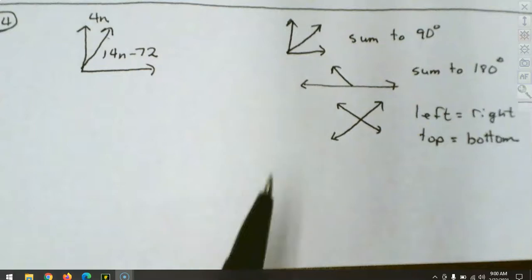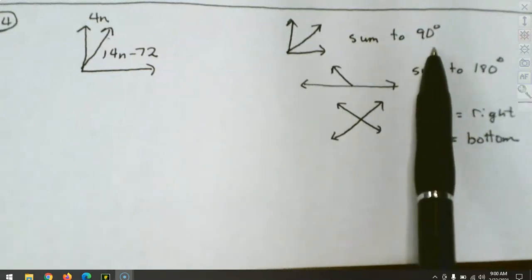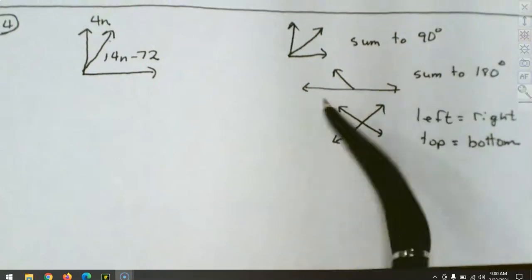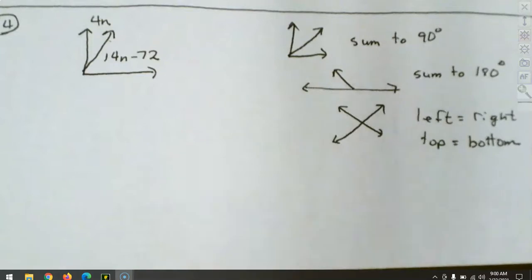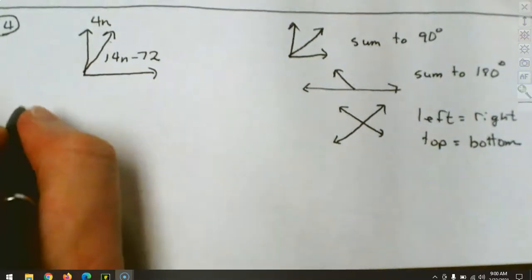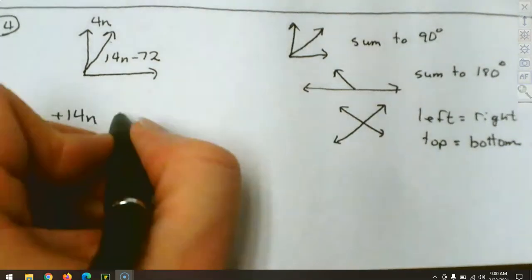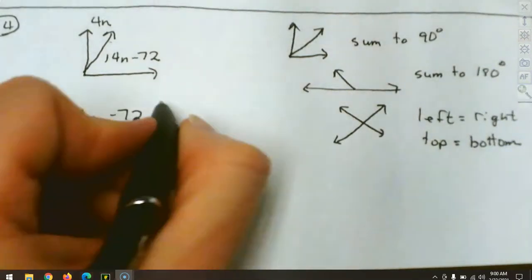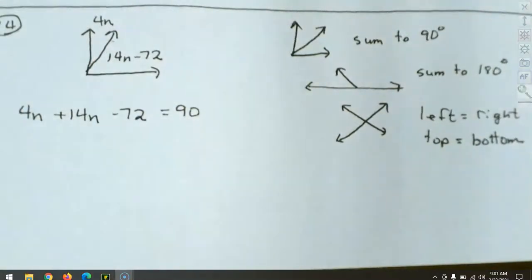So complementary, they make a right angle, and so it sums to what? 90, doesn't it? Okay, if it makes a straight angle, it sums to 180. This one looks like this one, so it sums to 90. So we then know that 4n plus 14n minus 72 is going to now equal 90. So that's our equation.